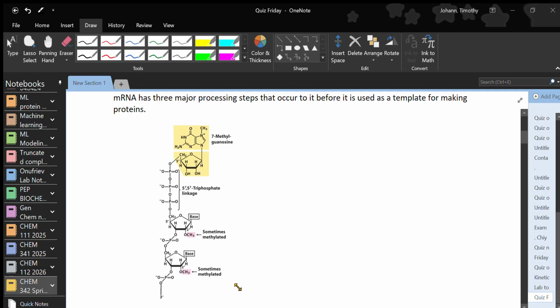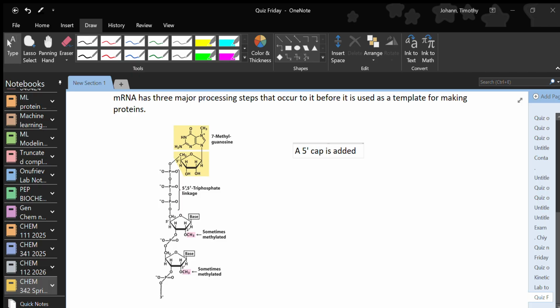And so the first part of that is a 5' cap is added. The purpose of this 5' cap is to prevent exonuclease degradation of the RNA.